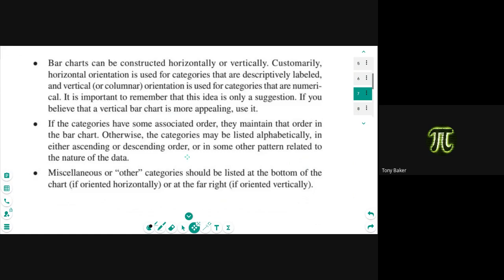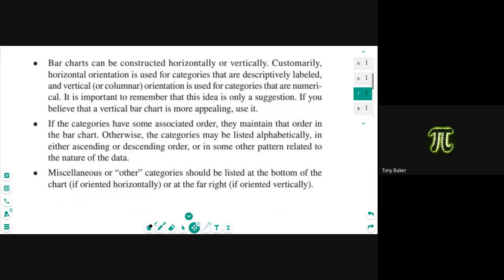Categories that have some order with it should maintain that order. So if you're doing time, for example, keep them in order of time. Like don't put 1990, 1980, 2000, 2020, 2010. There are people that will do that to show a pattern that doesn't really exist. So if there is an order associated with it, you want to put that stuff in order. If we're doing all states, listing it alphabetically doesn't really matter.